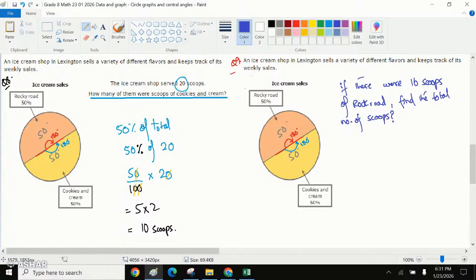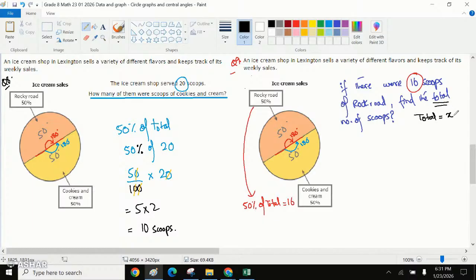See, if I say this Rocky Road was 50% of the total, right? And that was how many scoops? That was 16 scoops. We do not know the total. The total is missing, right? We need to find the total.